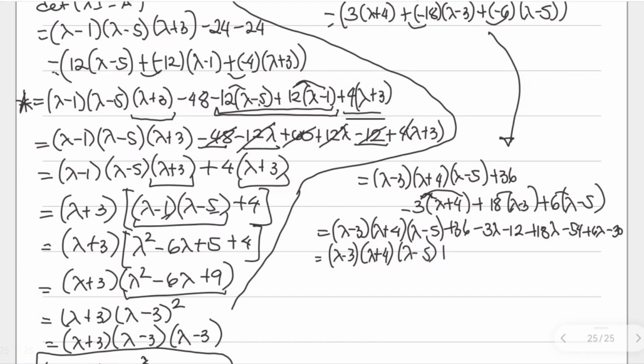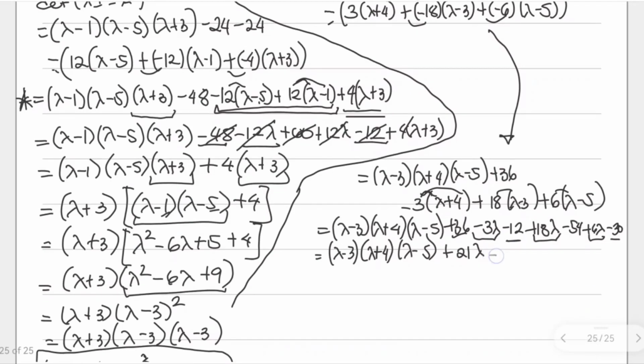Then, let's try to combine what can be combined here. Minus 3 plus 18, you will have plus 6, that's plus 21 lambda, right? Then you have 36 minus 12, or let's just simply use this one here, negative 30, and then this negative 12 is negative 42, so that's minus 6 plus here, so you have minus 60.